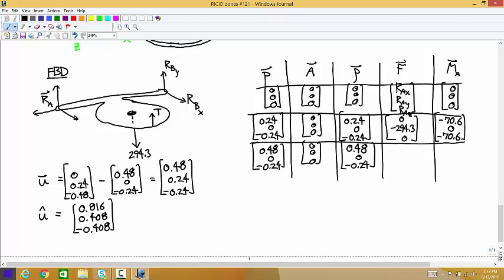Is that right? The point on the wall, the z direction is negative 0.4, not negative 0.48. It's a little off in the midpoint. Oh, yeah, you're right. So I got 0.24 and then negative 0.4. Where it connects to the disk. Where it connects to the wall.